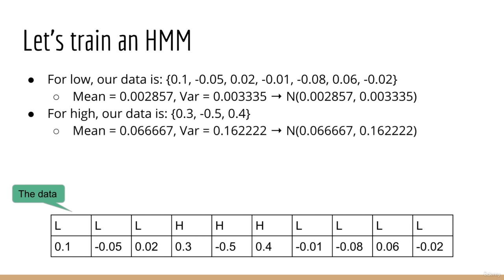What we want to do is calculate the sample mean and sample variance for each of these sets of numbers. After doing so, you should get the values that you see on this slide. Again, it's best if you try this yourself, either on paper or using a computer. Okay, so I hope that this idea of training an HMM, although it sounds complex, is actually just a matter of calculating probabilities.